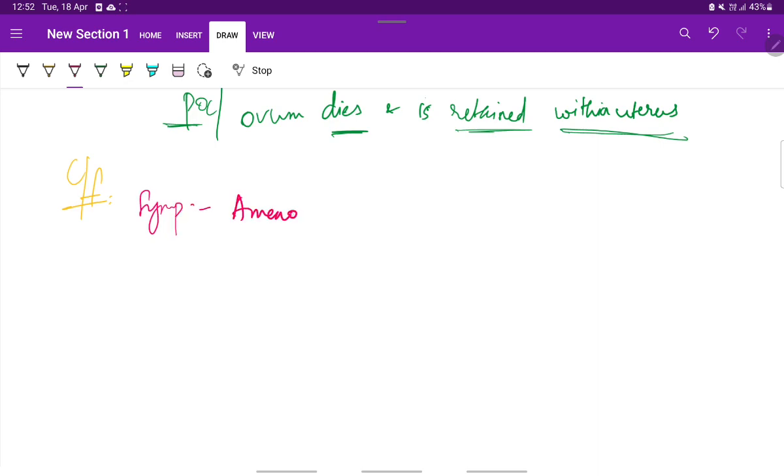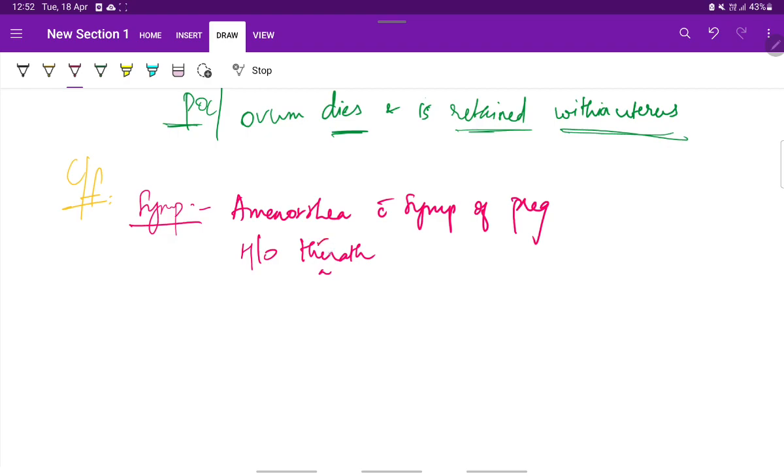Now the clinical features of missed abortion. The symptoms include, as in any other abortion, amenorrhea with symptoms of pregnancy. Then there can be a history of threatened abortion, which may or may not be present.